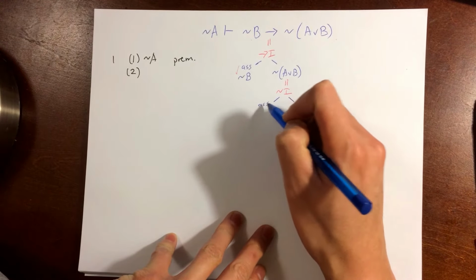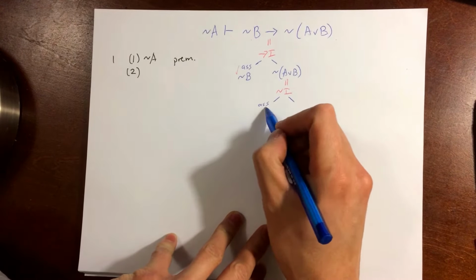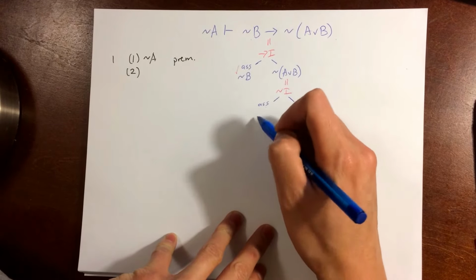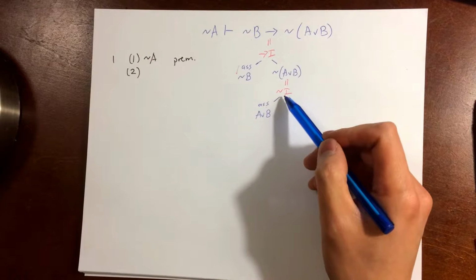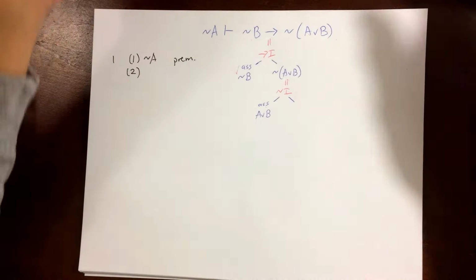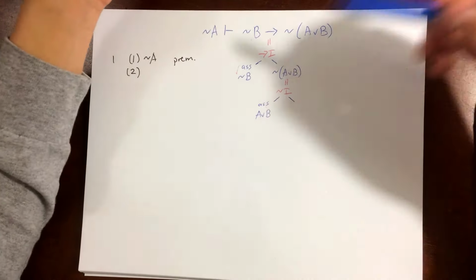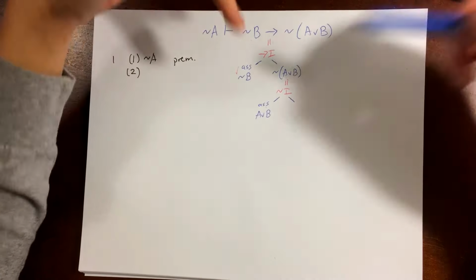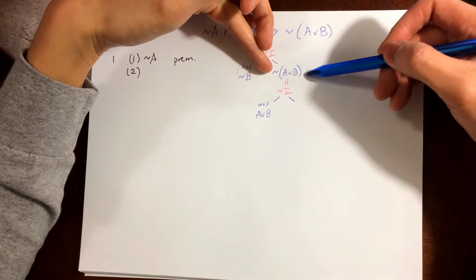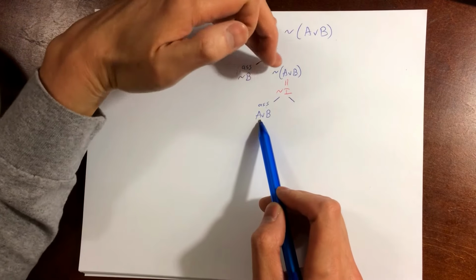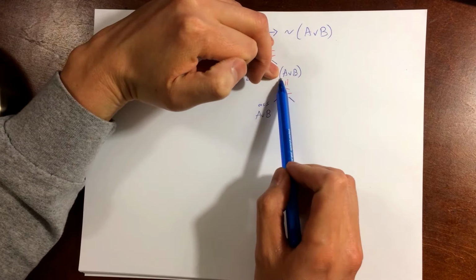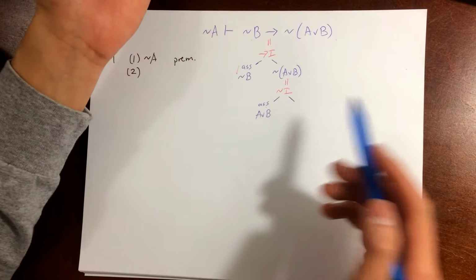Of course, the first line is the assumption of its opposite, which is A or B. We have to assume the opposite because if you want to produce a negated sentence that looks like this, you're going to have to use something that looks like this without the assumption. So we assume the opposite.